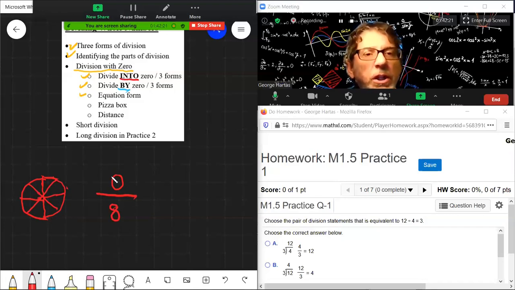So you have 0 slices in a box that could contain 8. How many slices are there in a box? 0. So when the 0 is on top, the answer is 0. There are no slices left. There it is. It's 0.